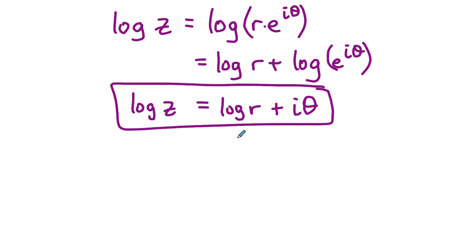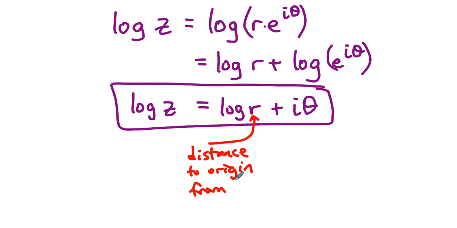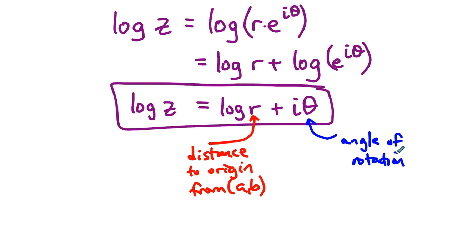But I'll remind us of a couple of things. This is the distance to the origin from the point (a, b), and this is the angle of rotation. And then we'll pause to consider why that's a weird definition.